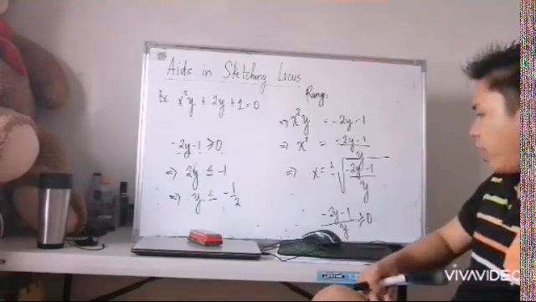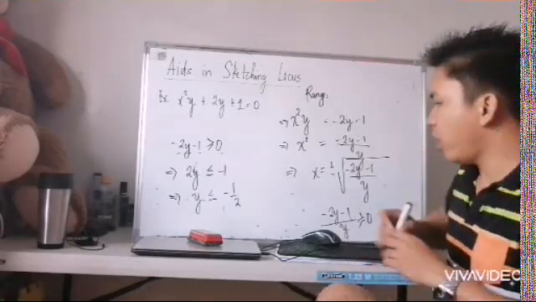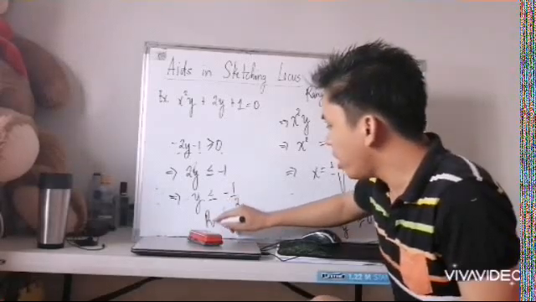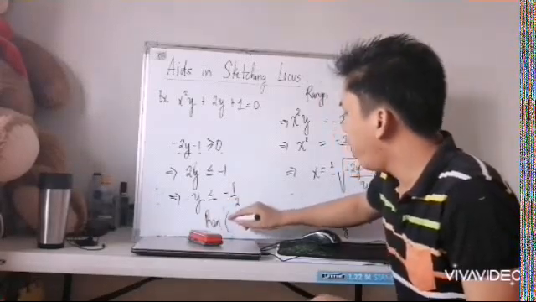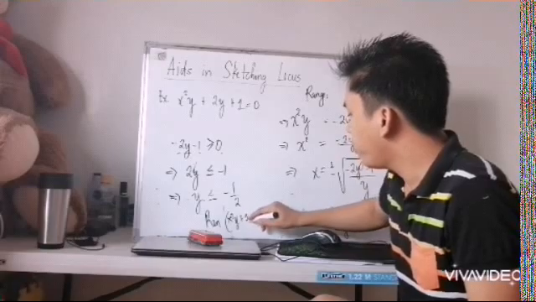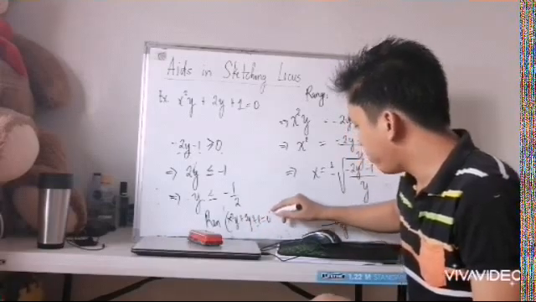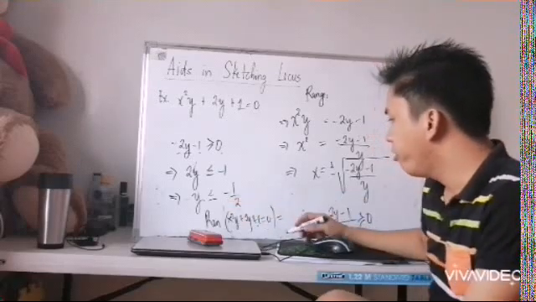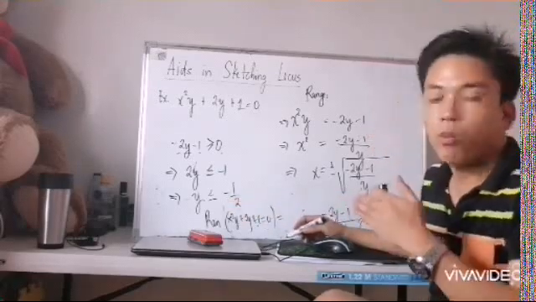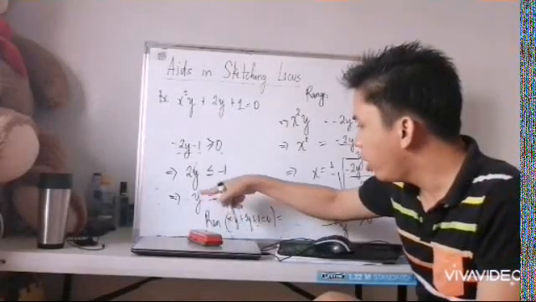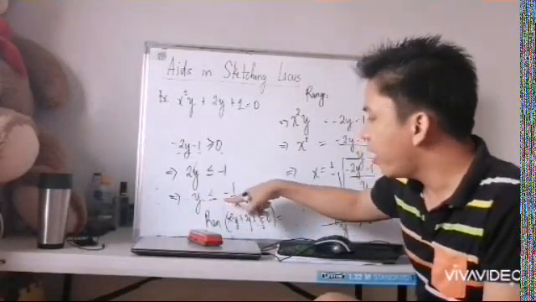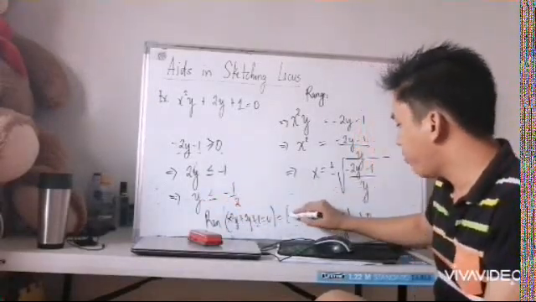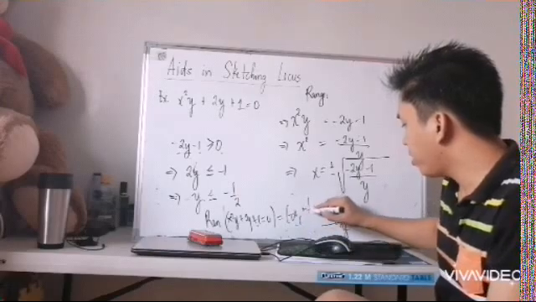Take note, so let's check first. Our range here of x squared y plus 2y plus 1 equals 0 is the interval from negative infinity to negative 1/2, because we have to consider all values less than negative 1/2.